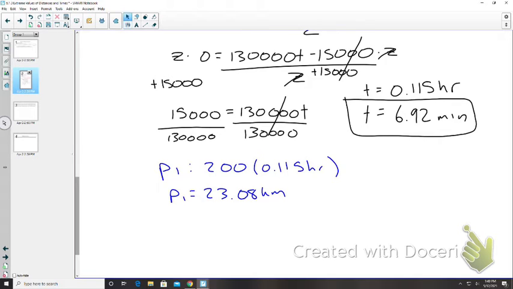And our plane 2 is going to be 300 multiplied by 0.115.